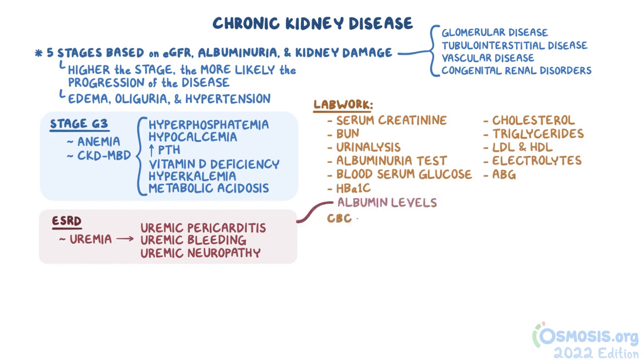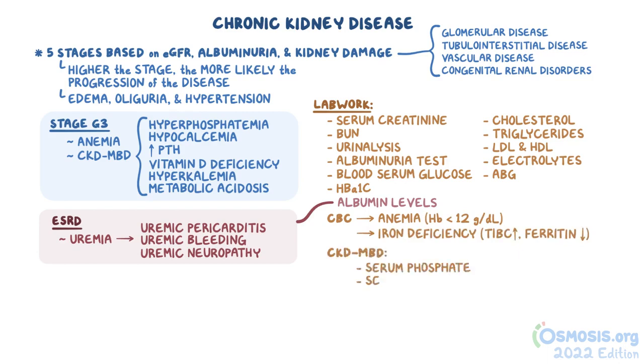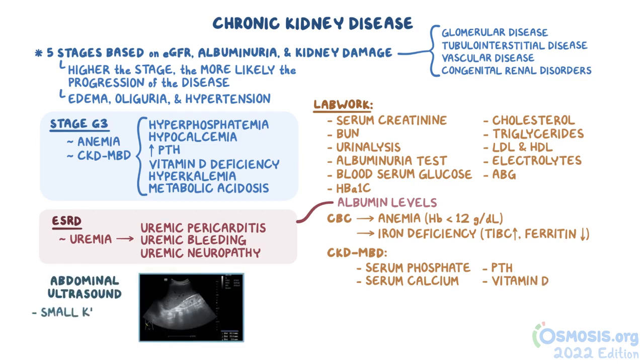A CBC is done to check for anemia, and HB levels are under 12 grams per deciliter if present. If there's also iron deficiency, TIBC is high and ferritin is low. For CKD-MBD, serum phosphate, serum calcium, along with PTH and vitamin D levels are done. In CKD, an abdominal ultrasound usually shows small kidneys.